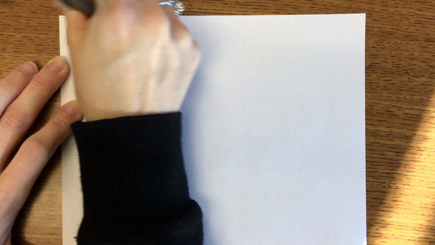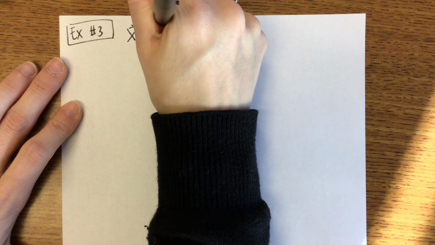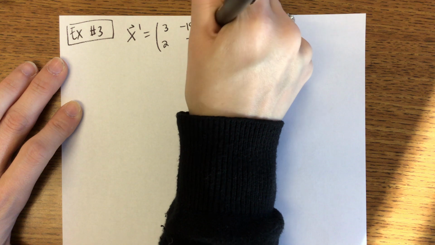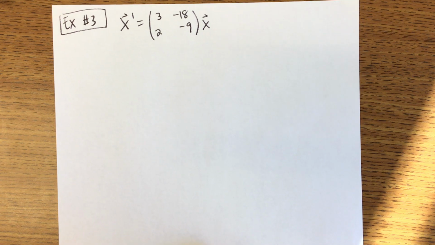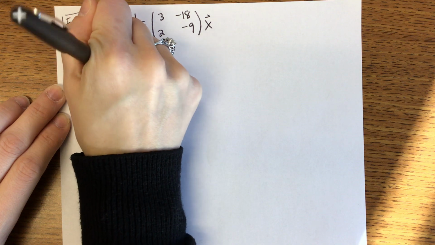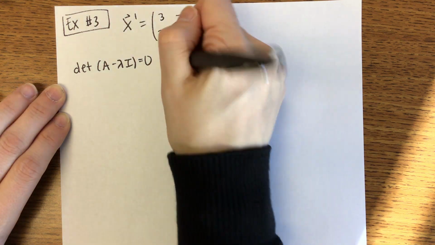That one is going to be different. This one is not intuitive. So we're going to go through this one together. Our system is x prime equals the 2 by 2 matrix 3, -18, 2, -9 times x. First thing we're going to do is find the eigenvalues. We take the determinant of A minus lambda I and set it equal to 0.